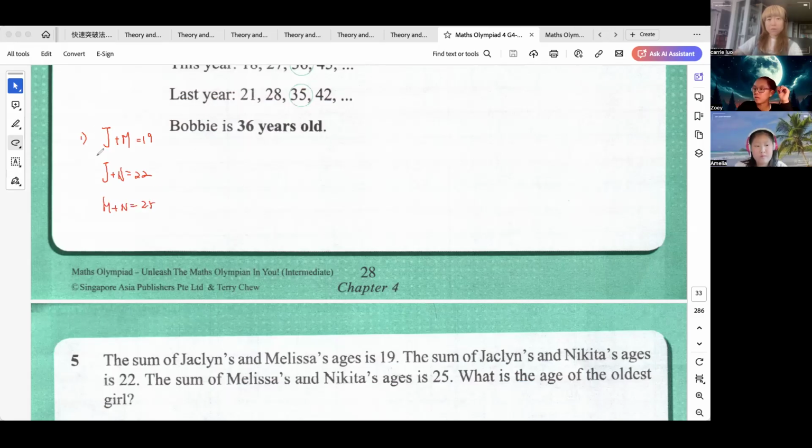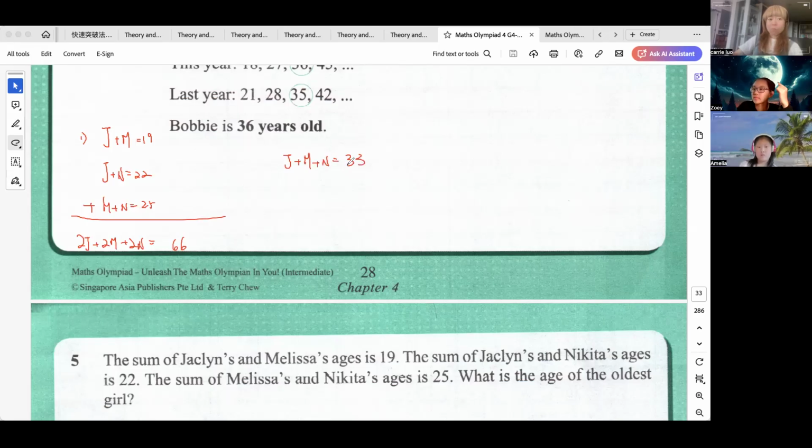Each of the equations has two. So how about we just add all of them together? So 2J plus 2M plus 2N equals what? 66. Correct? Okay, so J plus M plus N equals 33.